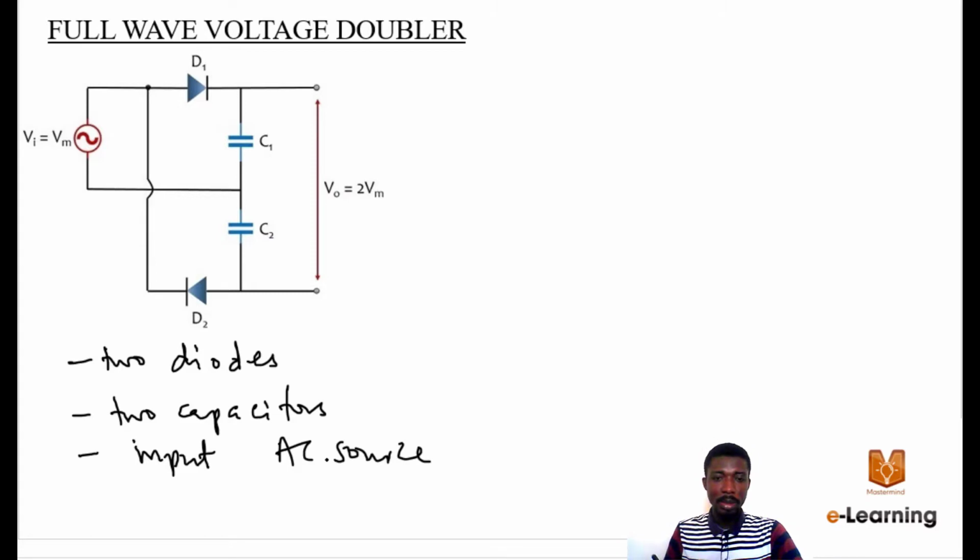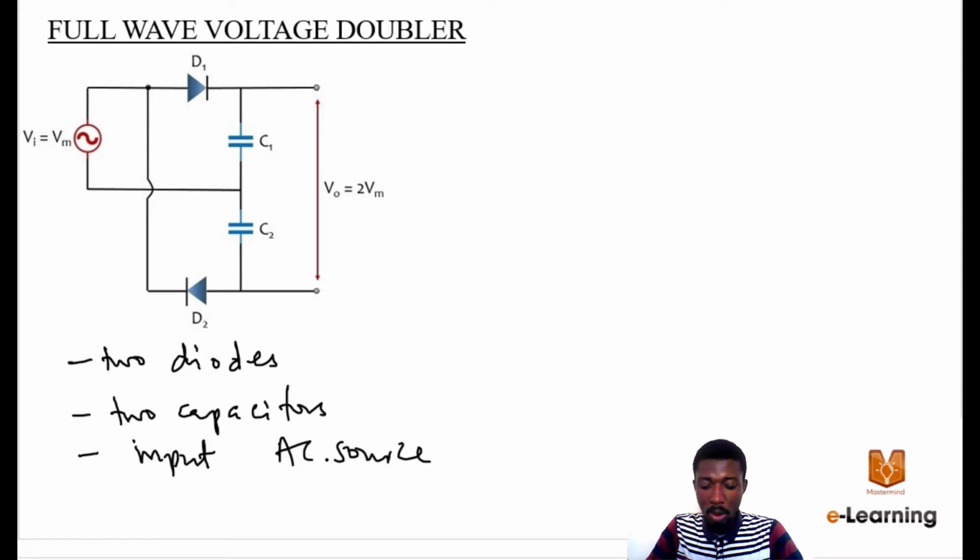Though it contains the same number of components as the half wave voltage doubler, you can see that the difference is in how the components have been arranged. Compare the 2. It also doubles your voltage input.